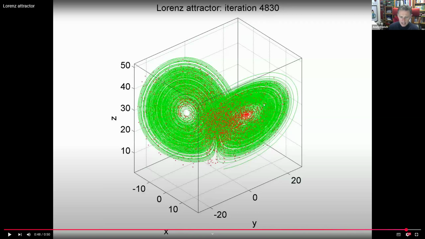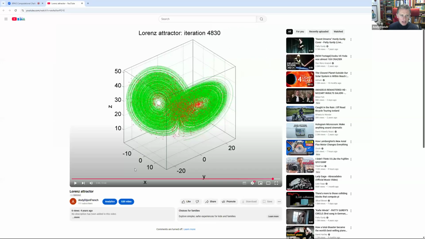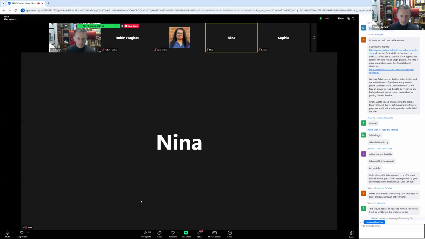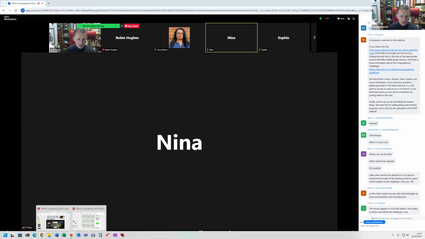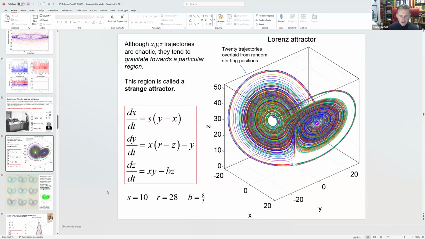So what are the ideas that we got? Simple. We've got a rule. In this case, I know exactly what's going to happen next based on my differential equations. So I know what's going to happen with x, y, and z. I've got it in terms of velocities, but I've got an equation for it. But what happens next is very sensitive to my initial values of x, y, and z at t equals 0.